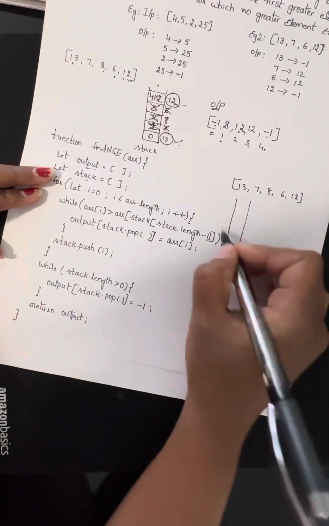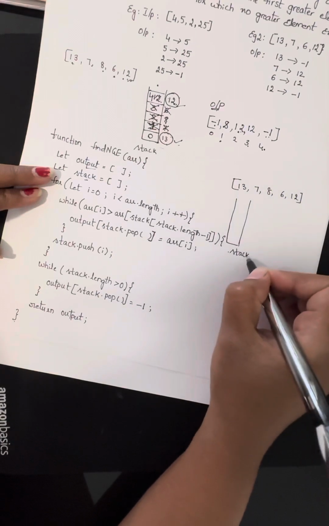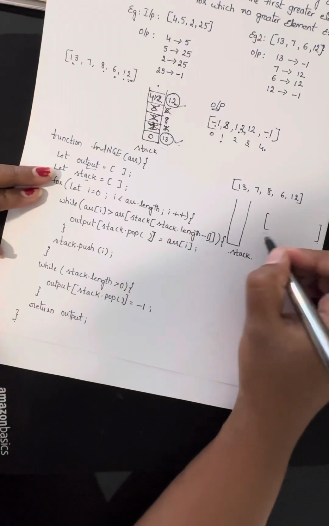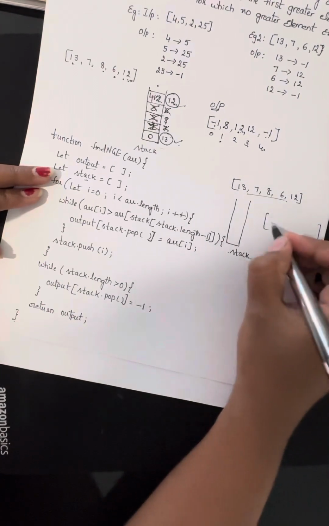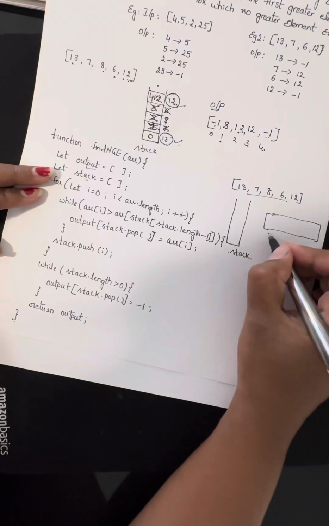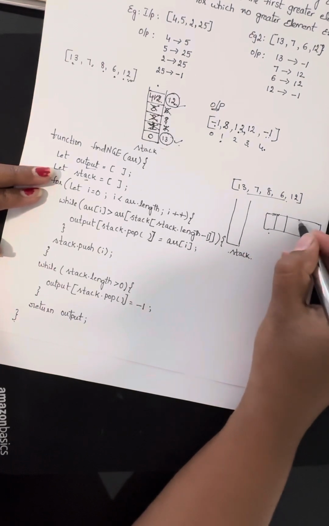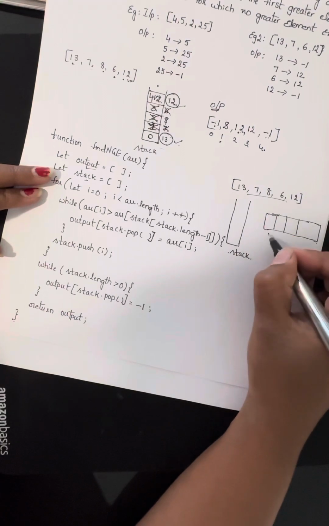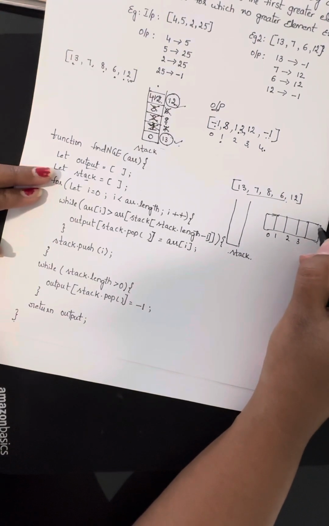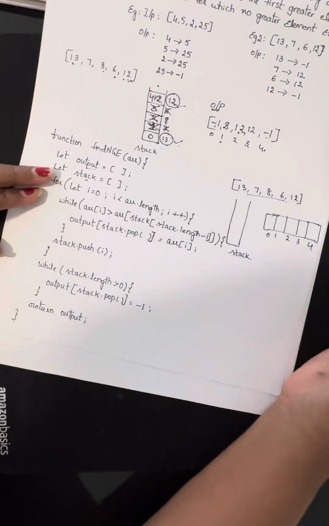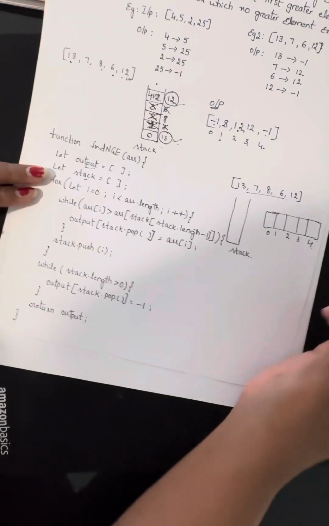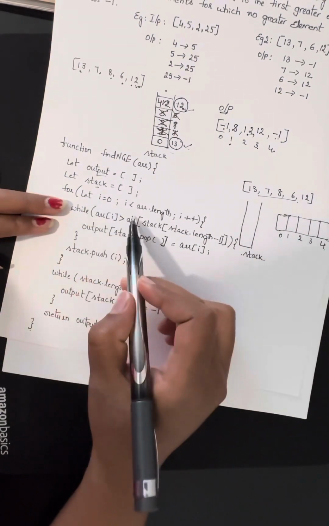Let's assume this is the stack, and we have the output with length same as the input array. So now let's start the for loop.